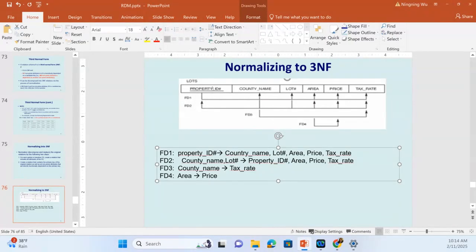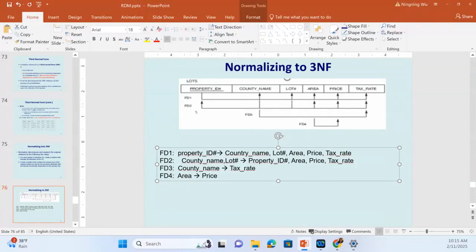So that means the attribute pointed by the bar should be the determinant. That's why for FD1, only property ID is pointed by the bar. So that means this is the determinant. Then all the remaining attributes are pointed by the arrows, so those are the dependents.